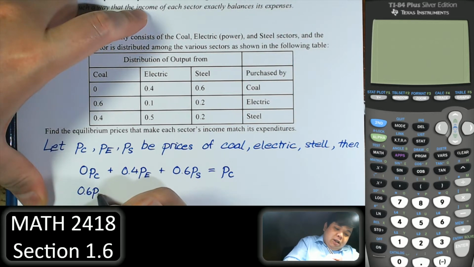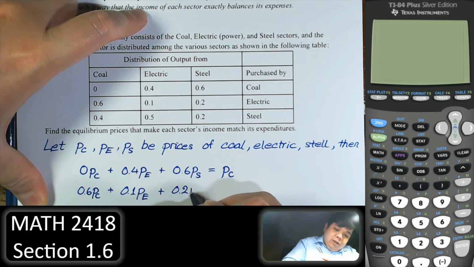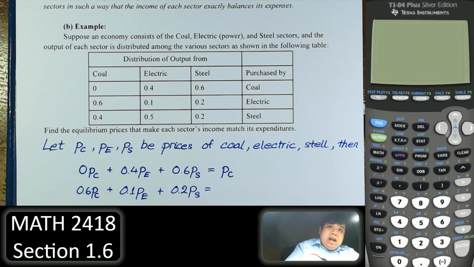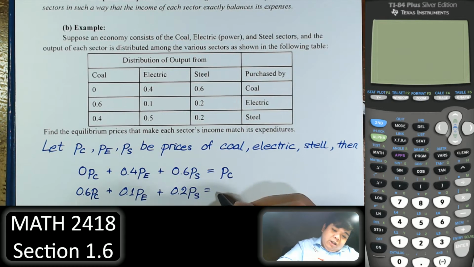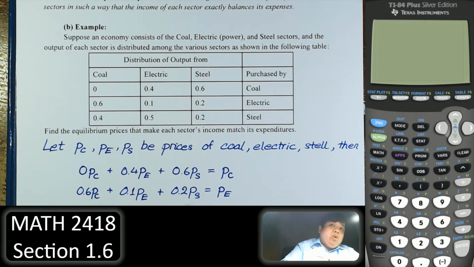Likewise, the second equation we can say 0.6 times the price of coal, 0.1 the price of electric, and 0.2 the price of steel, and all of these add up to balance out with the value of electric. We want equilibrium, so that will make this equal.